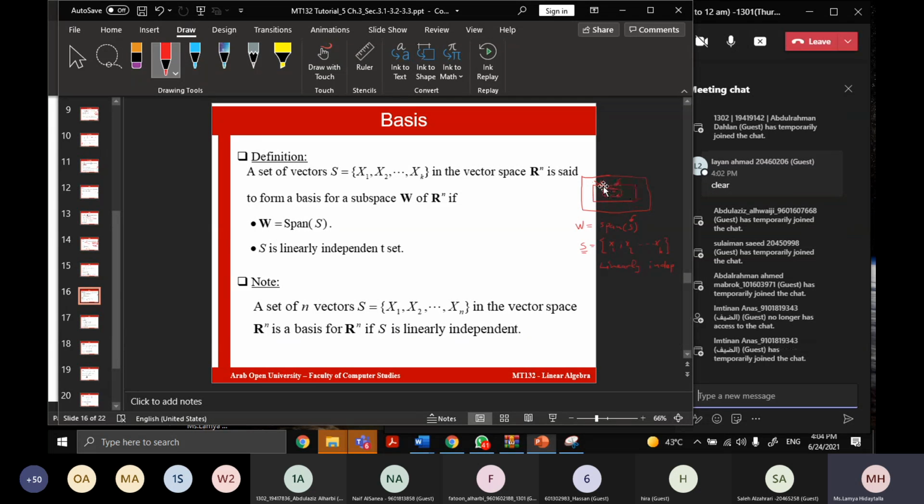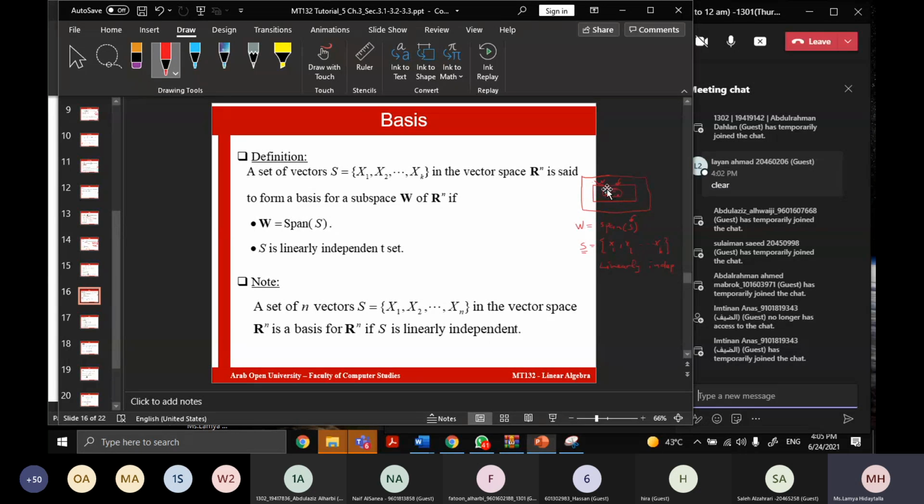What are the bases for the subspace? They are the elements that generate this space, and they are linearly independent. That means I cannot get rid of one of them to find this W. All of them are important to generate W, because no one of them can be given in terms of the others.